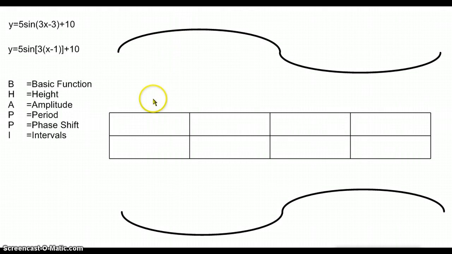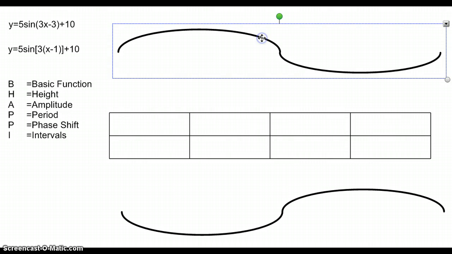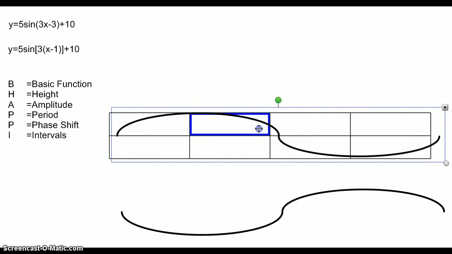So the first thing we need to do is draw a table with 4 columns and 2 rows, as you see in front of you. And since here our basic function is a sine function, we will simply draw the sine graph here.